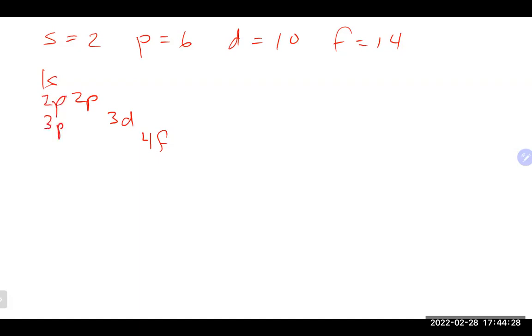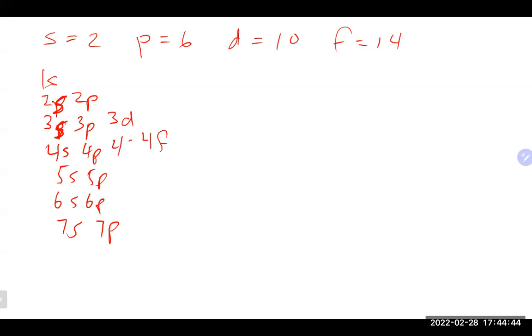That is S. Putting the right letters would be good: 4S, 5S, 6S and 7S, and here this would be 3P, 4P, 5P, 6P, 7P, 3D, 4D, 5D, 6D, and 5F. And really quickly, you can recreate the order that you need to write the electron configuration on the page.